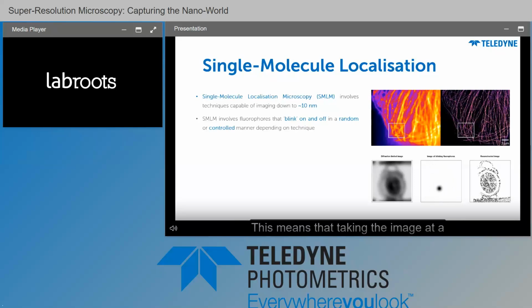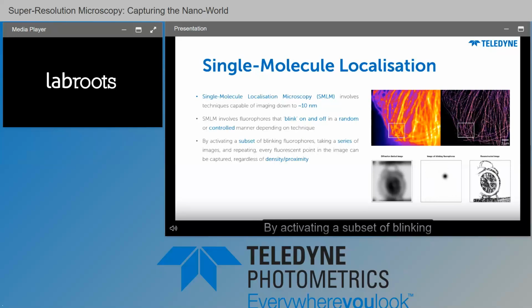This means that taking the image at a super resolution level requires taking thousands of series of images and then building up the reconstructed image, but it does mean the reconstructed image has a very high resolution, well beyond the diffraction limit. By activating a subset of blinking fluorophores and taking a series of images and repeating this process, every fluorescent point in the image can be captured regardless of density and proximity.